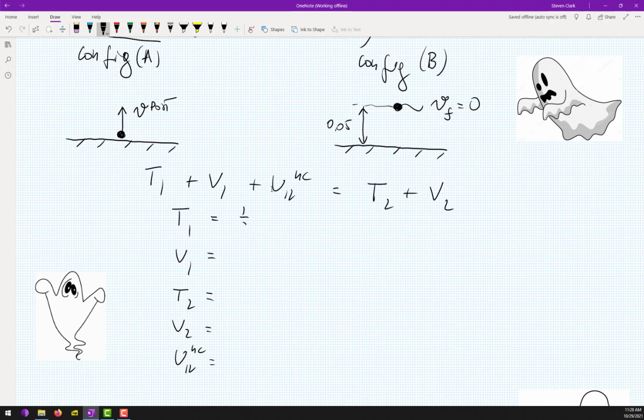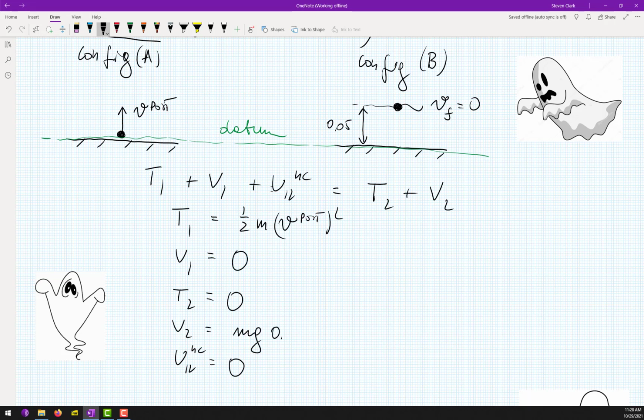We have 1/2 m v post squared. At the end, we have no velocity, so 0 in here. No dissipation of energy. And for potential energies, we're just gonna put the datum here. We clearly see that potential energy at the beginning is 0, and at the end we have mg times 5 centimeters.